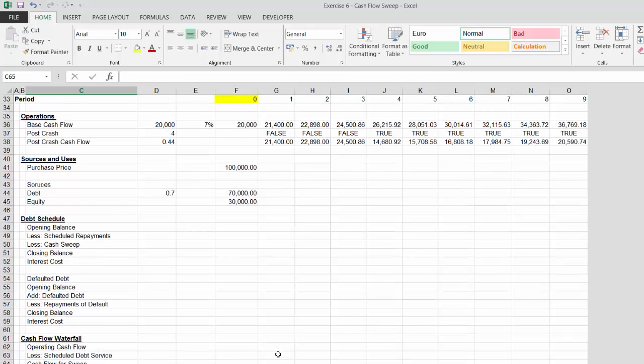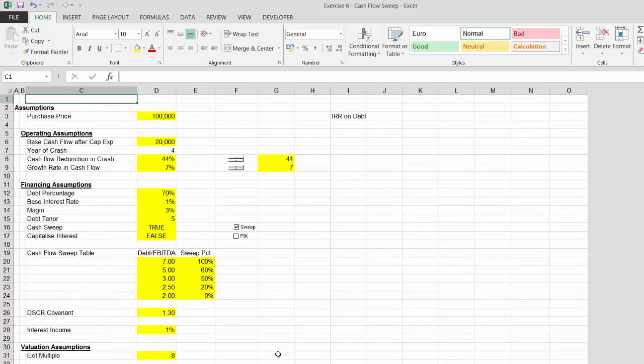Now when we do the cash flow sweep, that's going to depend on what our debt to cash flow is. I see why I put a much higher terminal value multiple, because it's really cash flow after, and I didn't call it exit multiple of cash flow, not really EBITDA. Maybe that's okay.